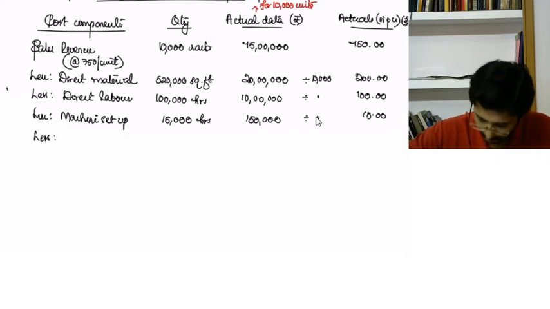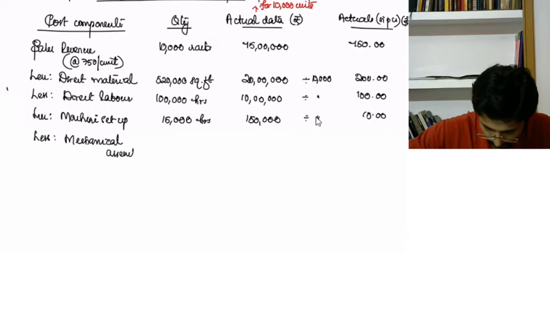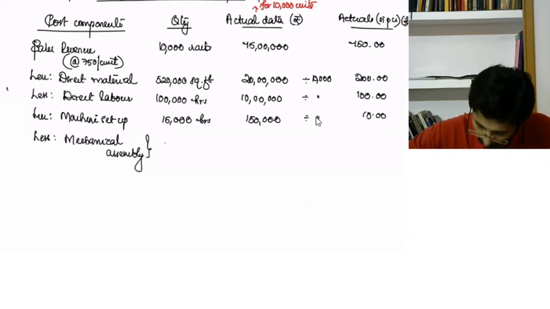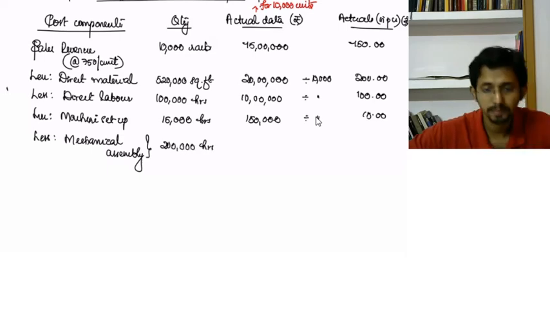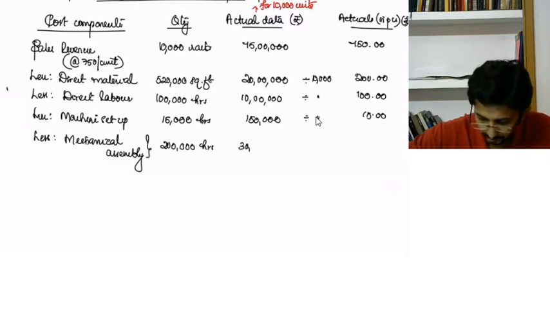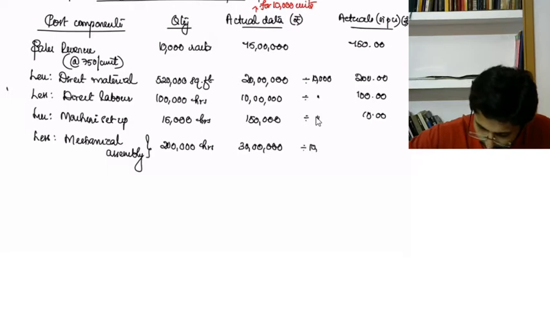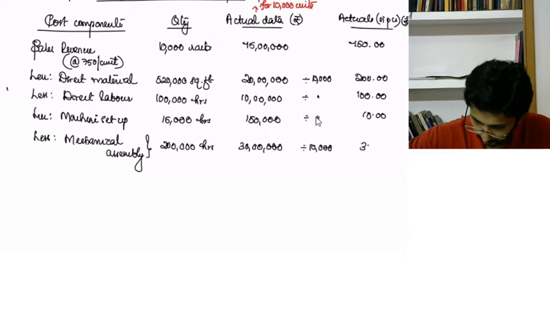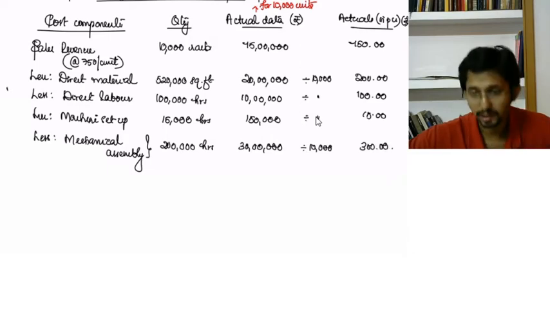Okay, then less, what is this? Mechanical assembly. How much? You have 2 lakh hours. The cost will be 30 lakhs, divided by 10,000 will be 300.